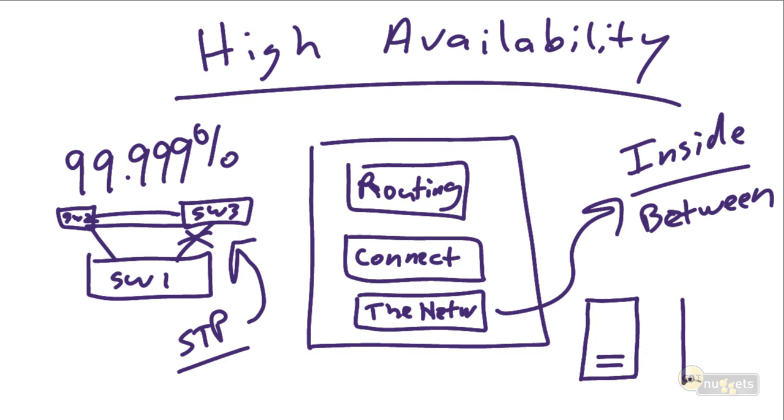And then we take care of redundancy between the devices because we have another one sitting right next to it. So you see how we can do that? There's redundancy for high availability inside devices, and then, of course, we have redundancy between devices as well.